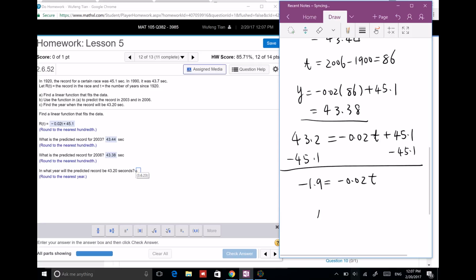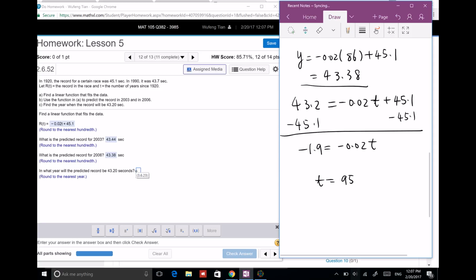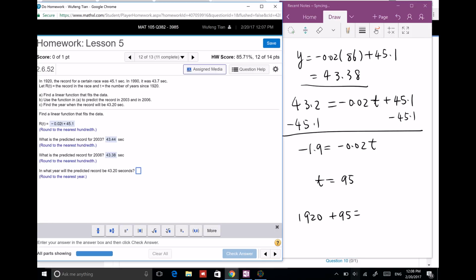Divided by 0.02, that is 95 years later. Starting from 1920, plus 95 is 2015.